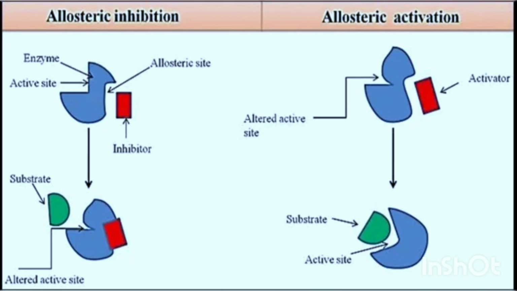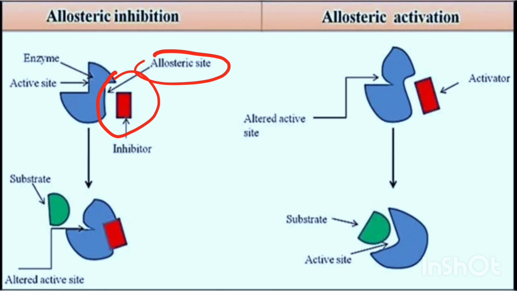Now, what is allosteric inhibition and allosteric activation? In allosteric inhibition, an inhibitor binds to a site other than the active site, which is called the allosteric site, where it inhibits the enzymatic activity.